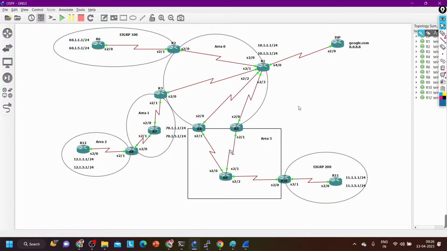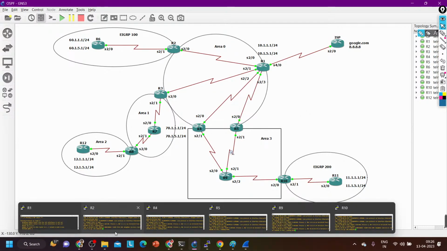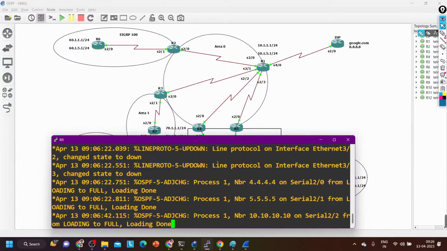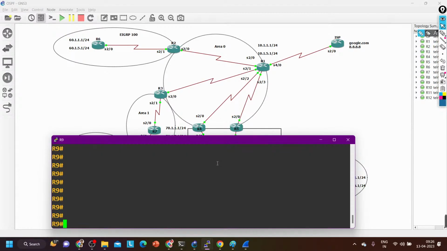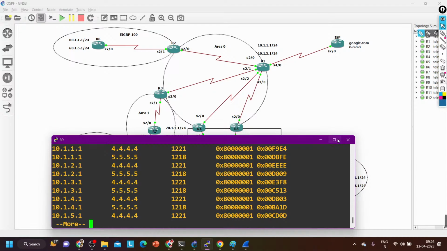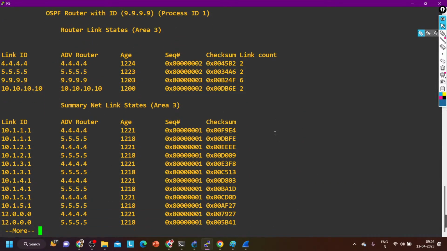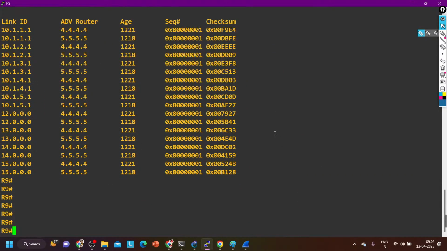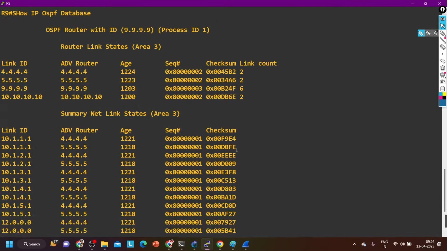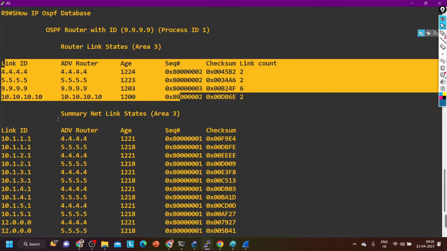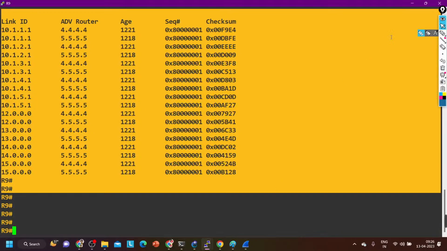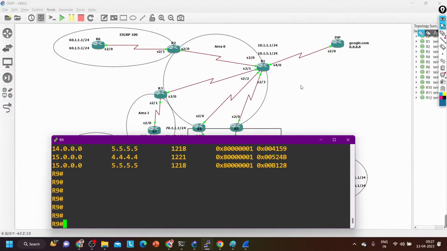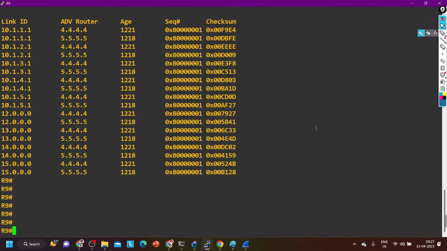Okay. So now on router number 5, let me show you the database. So, show ip ospf database. So guys, is there any LSA 5? No. Yes or no? There are LSA 1 and LSA 3 only. There will be no LSA 2 because you can see I am using serial links everywhere.